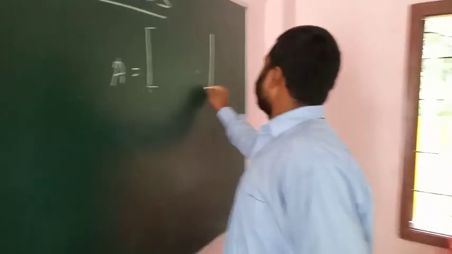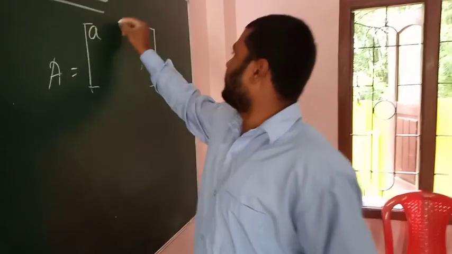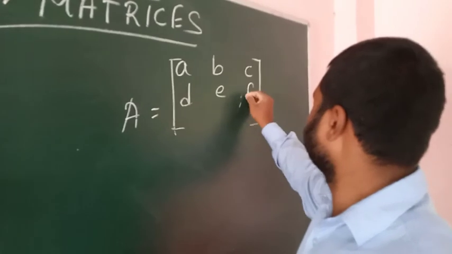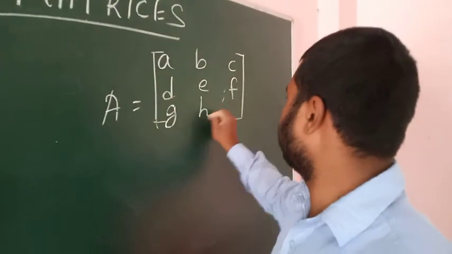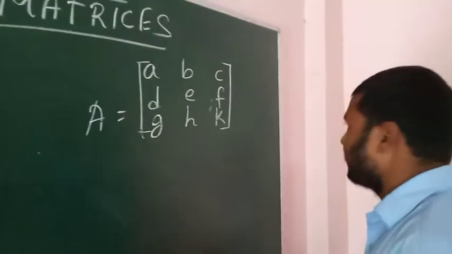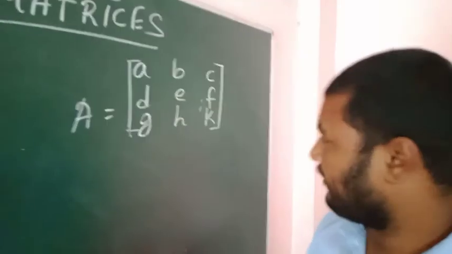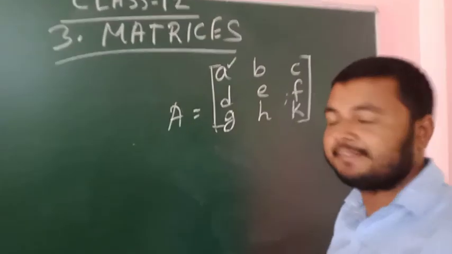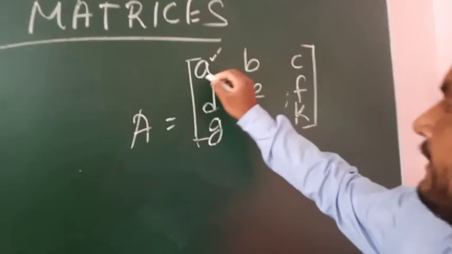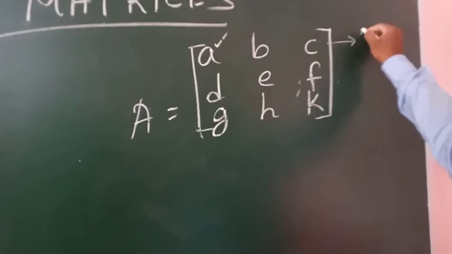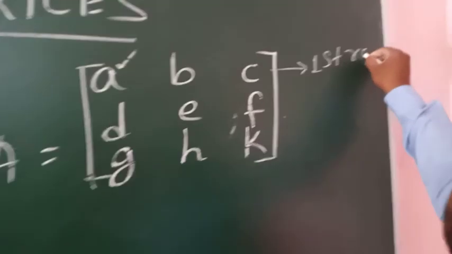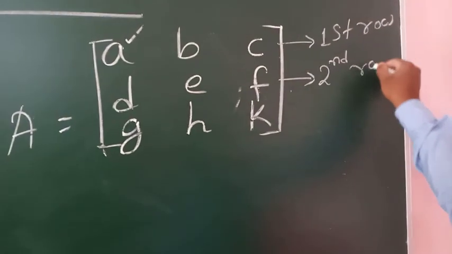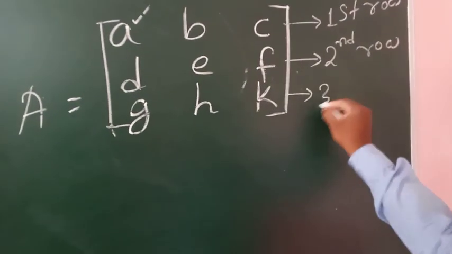Now these are the elements. Suppose A, B, C, D, E, F, G, H, K. So this is a matrix. This first element A is in the first row, this is the second row, and this is the third row.